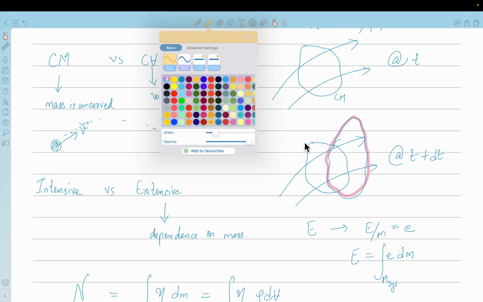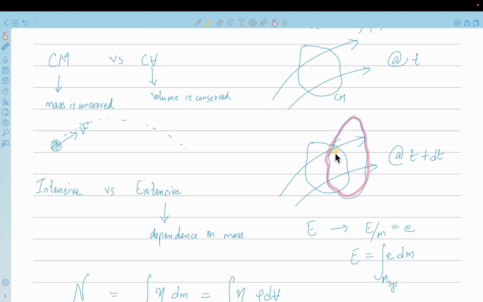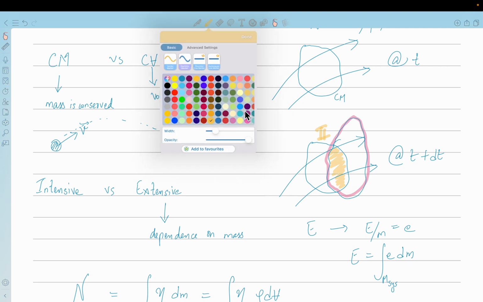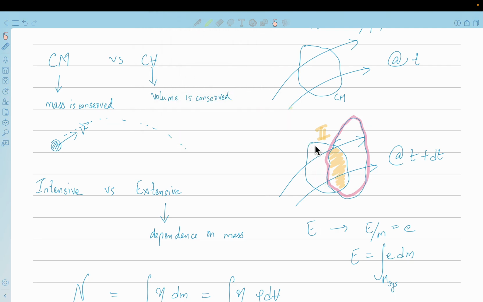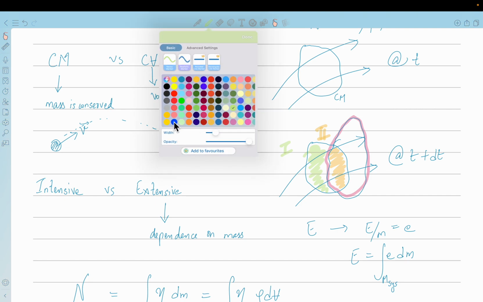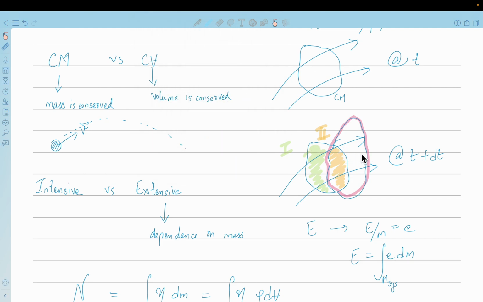Let's have this common regime, and I'm going to call it 2, whereas let's take this region and call it 1, and finally let's take this region and call it 3.